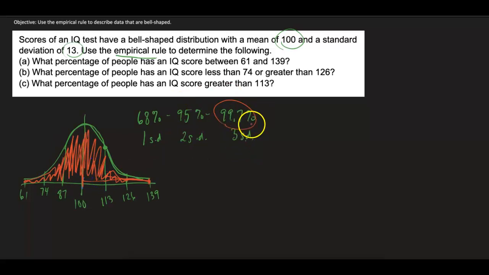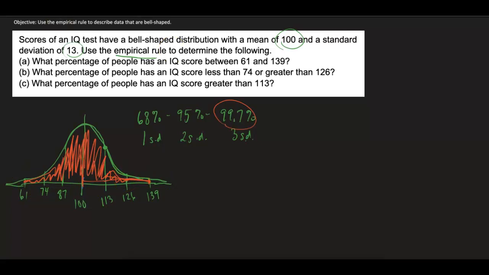That represents 99.7% of the area under the curve, of the data, related to the context of the problem. Now notice that's not 100% because technically this bell curve continues on and on forever, gets closer and closer to the x-axis. I did not draw that completely here, but there are these little pieces left on the tail end.